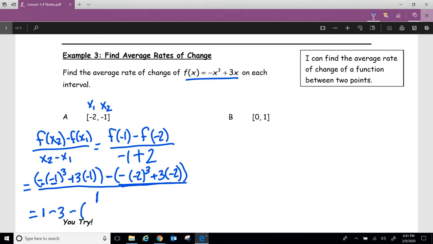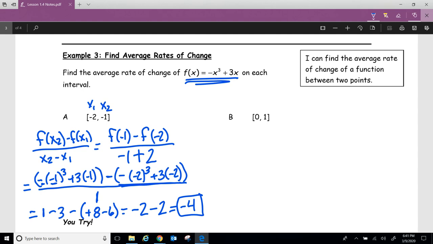That's negative 8, times negative is positive 8. 3 times negative 2 is negative 6. So 1 minus 3 is negative 2, minus 8 minus 6 is 2. Negative 2 minus 2 is negative 4. So the average rate of change between negative 2 and negative 1 of this function is negative 4.